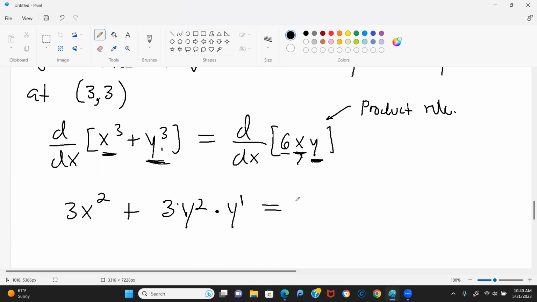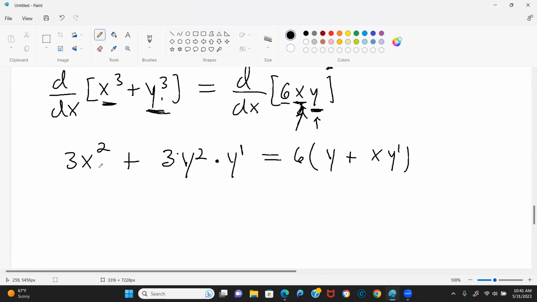I'm going to factor out the 6 because that's a constant. I can't take the y out, because it's not a constant. The product rule says I take the derivative of the first function, which is just 1, times the second function, plus the first function times the derivative of the second function, which will be y prime.